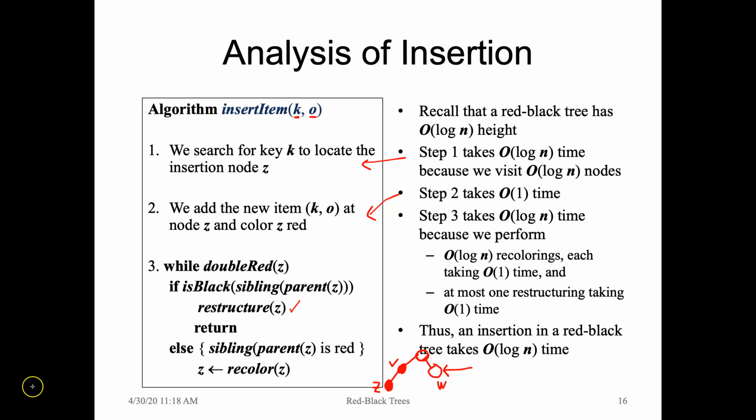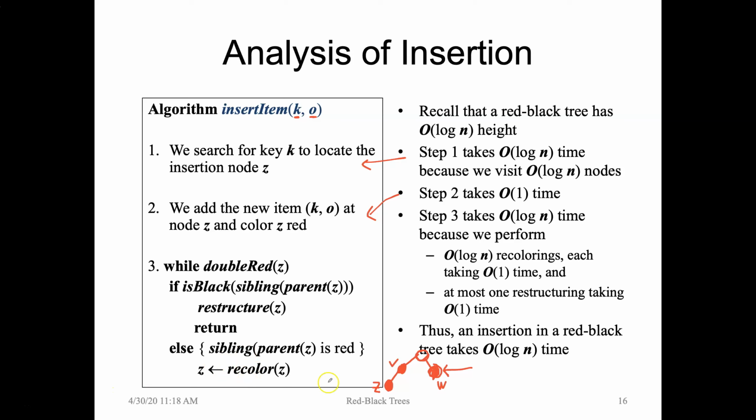But if the sibling of this node is red, then in that case we have to do a recoloring, and it's possible when we do a recoloring that we propagate that double red up our tree, in which case we have to check again, did we create another double red somewhere further up our tree?